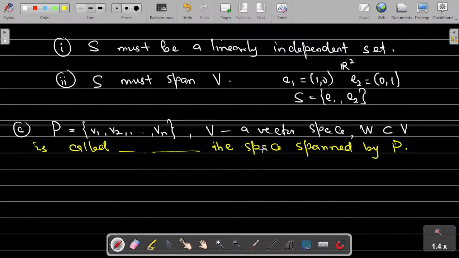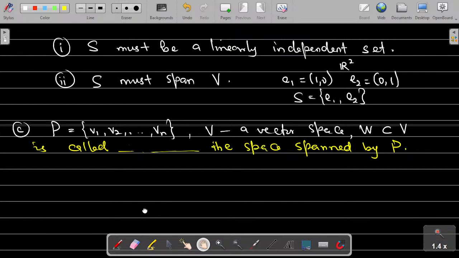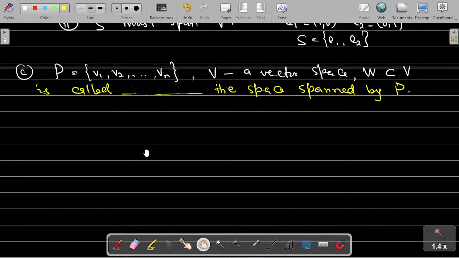Okay, so let's move on, and that is for question C. So we go to D. D says a subspace W of a vector space V must satisfy the following two conditions.